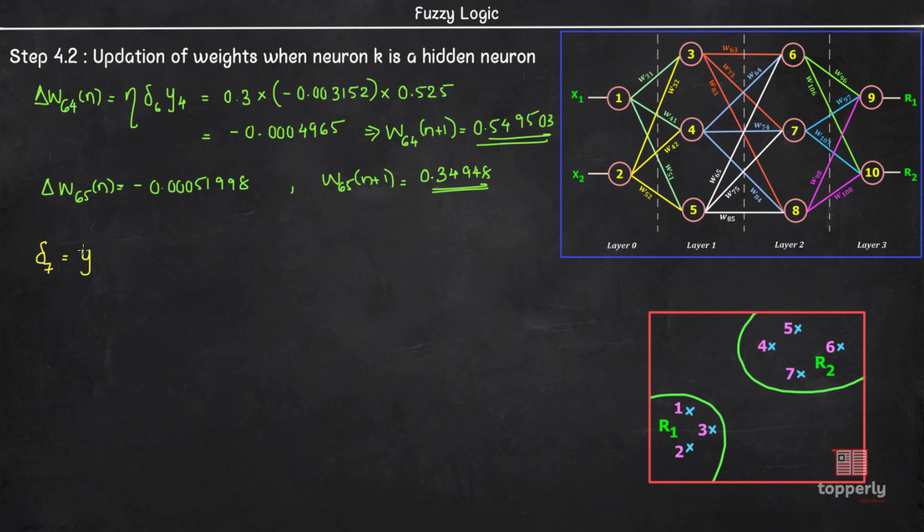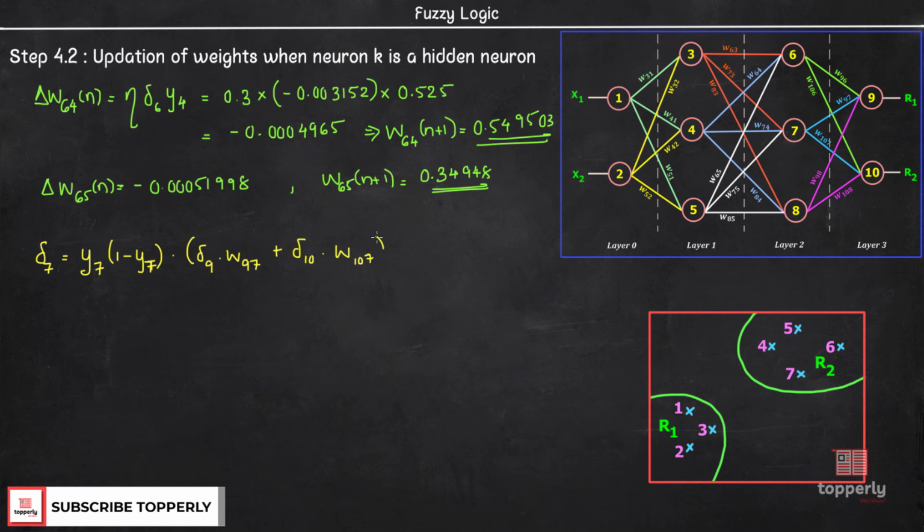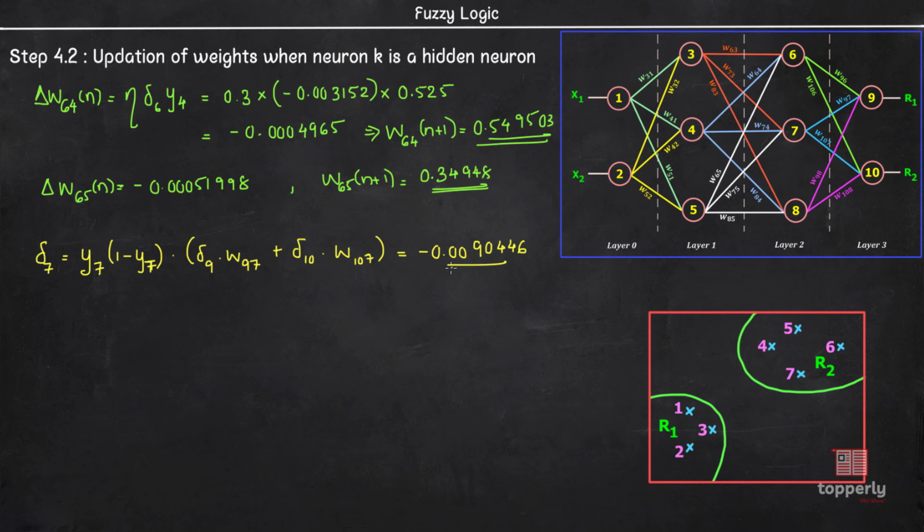equal to y7 into 1 minus y7 into dou 9 into W97 plus dou 10 into W107, which is equal to minus 0.0090446.